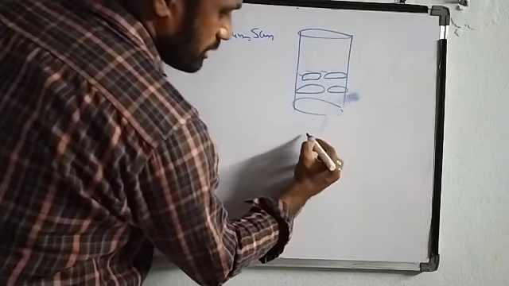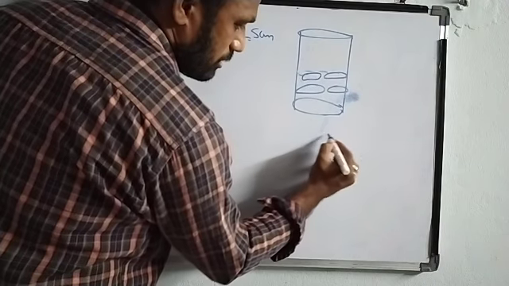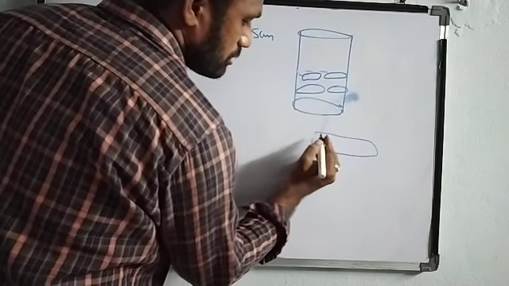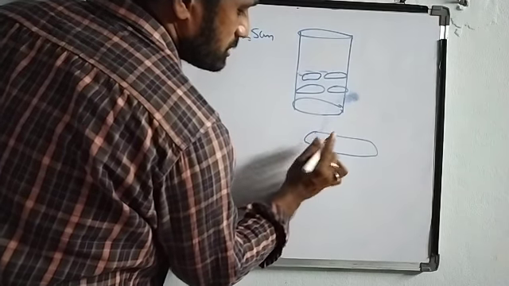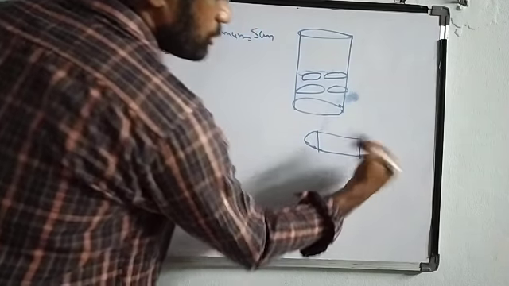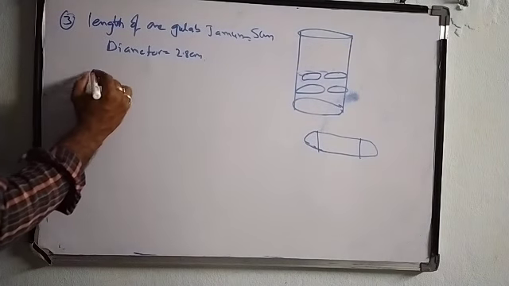So if you observe here, if I take a gulab jamun like this, it is in the shape of a cylinder with two hemispherical ends.